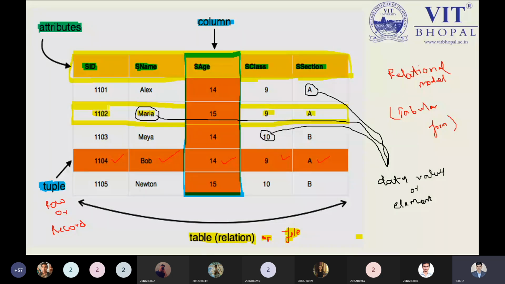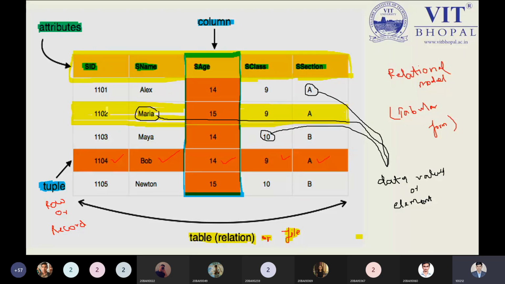So this is a record of the student whose name is Maria, roll number is 1102, age is 15 years, class is 9, and she belongs to section A. This is known as a row, also as a record, and also as a tuple in relational algebra.